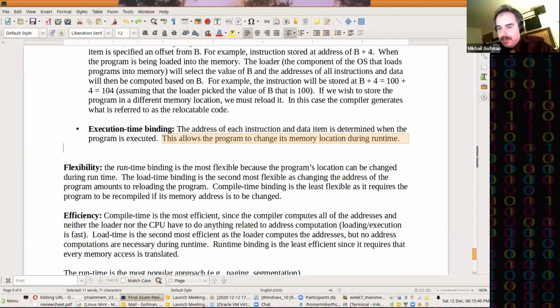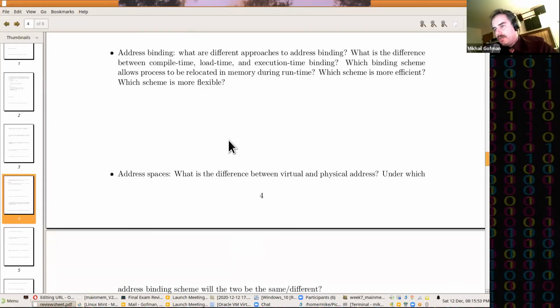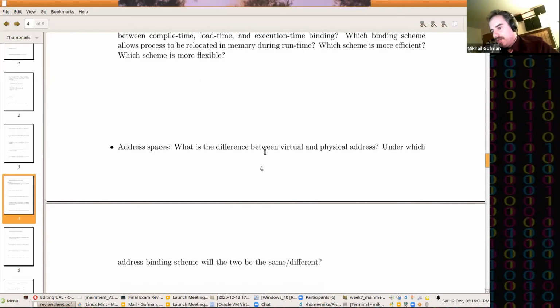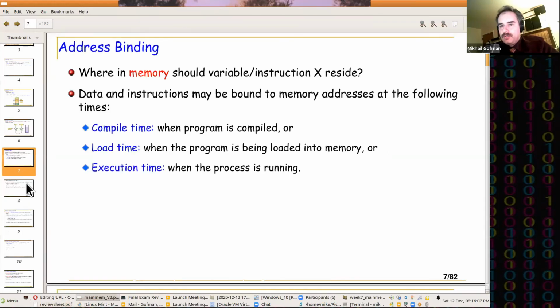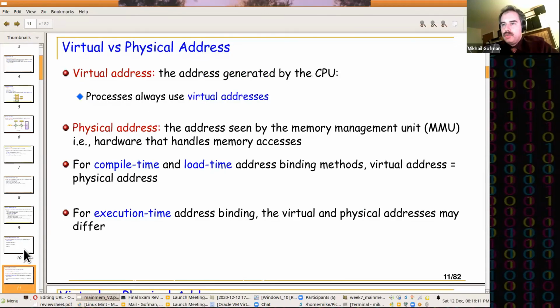And then the next question asks, address spaces, what is the difference between a physical and a virtual address space? In which address binding scheme will the two be different? Okay, so let's talk about that. So this is compile time, load time, execution time.